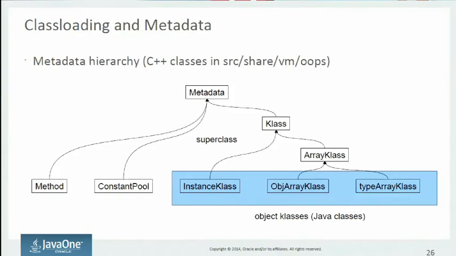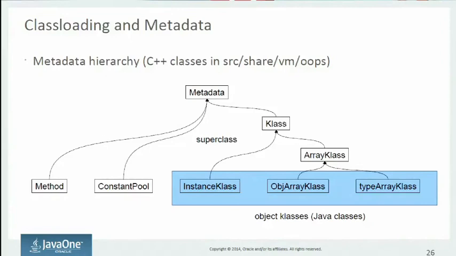Here's our metadata hierarchy. Again, there's an abstract class called Metadata. One of the tricky things in talking about this is distinguishing between C++ classes and Java classes. Metadata is an abstract C++ class. It has multiple subclasses, the ones we just talked about, Method and ConstantPool.